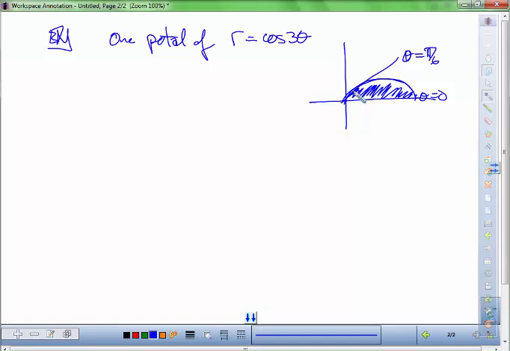Well, once you know that, you just plug it into the formula, since we have the formula already, right? So the area is going to be, let's multiply it by 2, since we're only considering half of the petal.